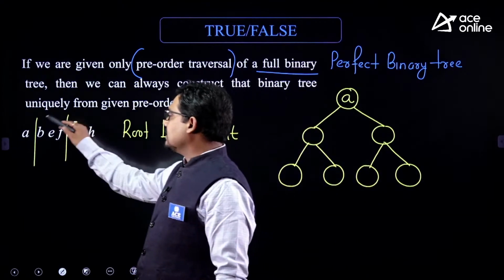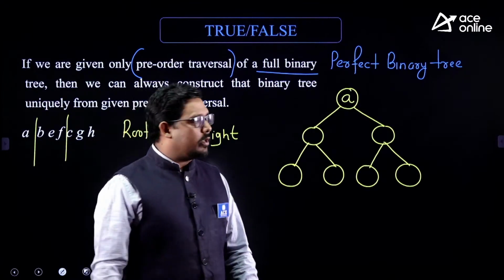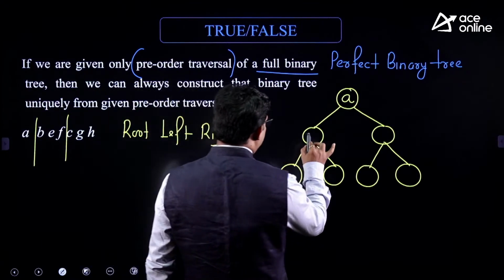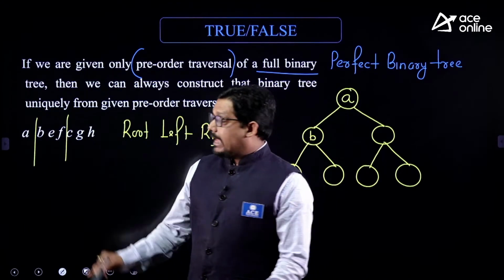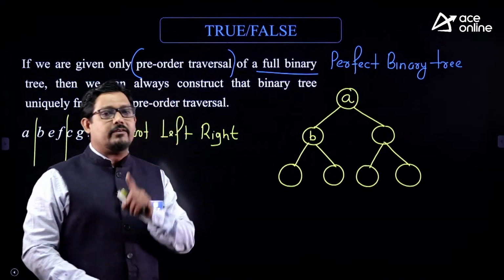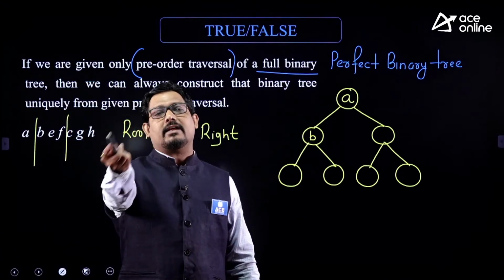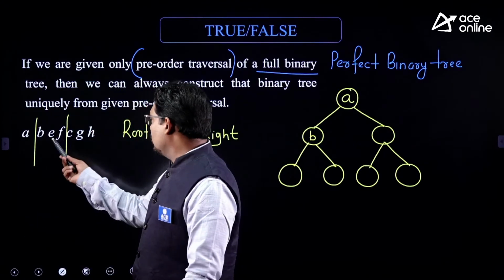But again, this is a left subtree, and it will also have a root. Who will be the root? B will be the root. This structure is also saying that B has a left and right child. So what is my sequence? Root, left and right.